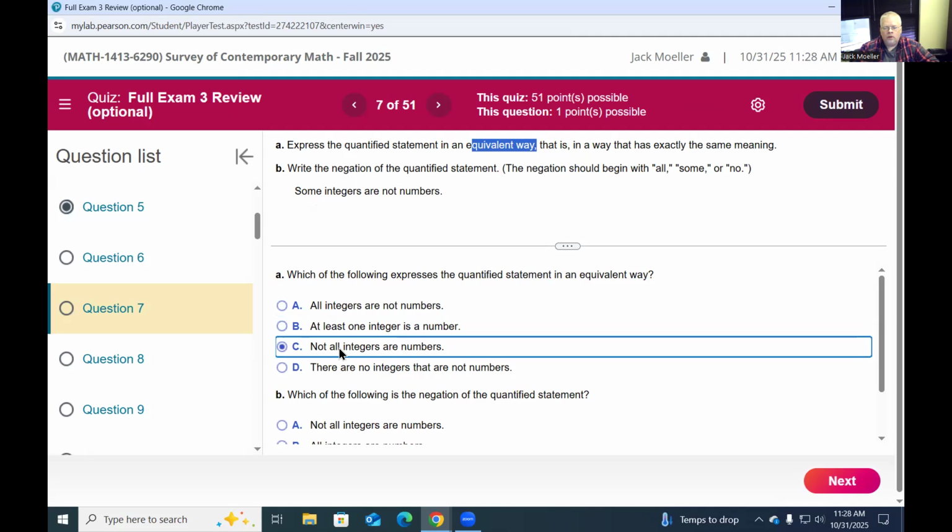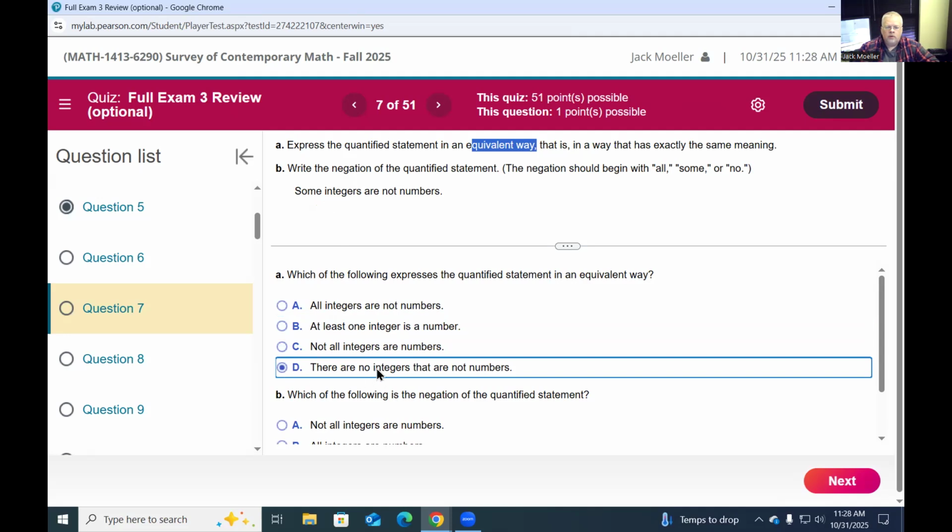Not all integers are numbers. Well, that implies some integers are not, so there's something else. Let's come back to that. There are no integers that are not numbers. That's a double negation. It's basically saying that all integers are numbers, but some are not. Not all integers.